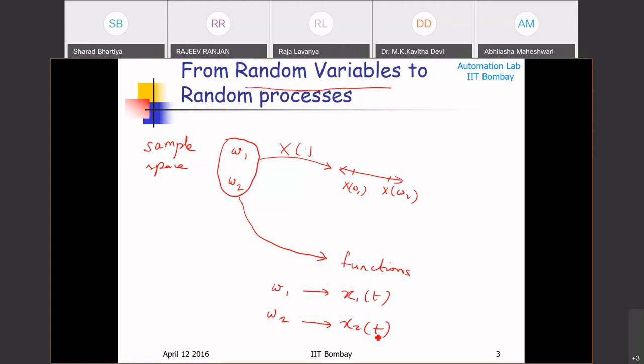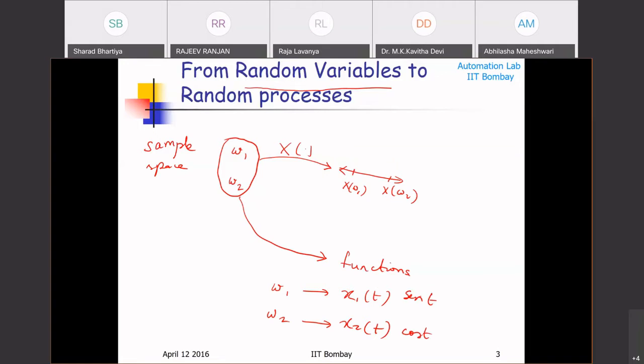While t need not always have the concept of time, we can think of t as time, because we're talking of dynamic systems. So we have a sample space and an outcome, but the outcome is no longer giving you a number like 0 and 1. If you toss a coin, you have a function x1 of t, let us say sine of t. If you get tails, you get a function cos of t. This is a random process. And that is the distinction between a random variable and a random process.